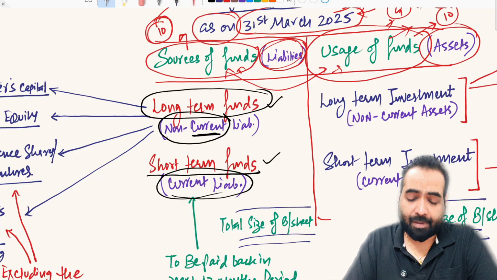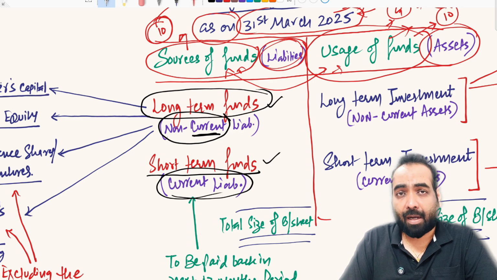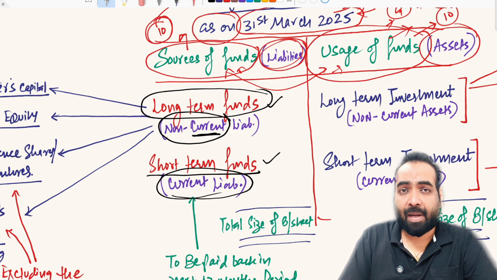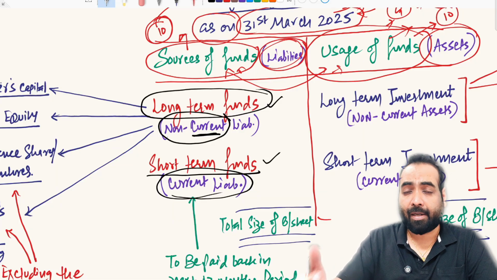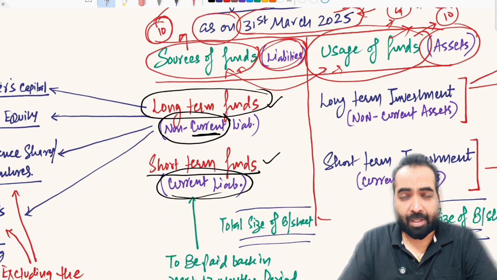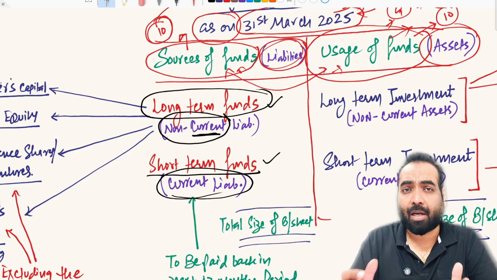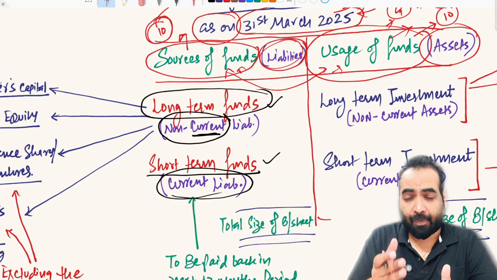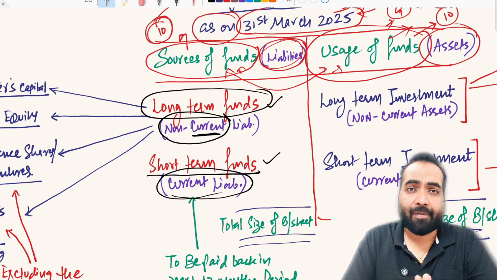Now the question arises, sir, if long term funds are not meant to be paid back immediately and short term funds need to be paid back in the immediate future, there must be some defined standard timeline followed in the accounting industry, by comparison with which we can say these are long term or short term funds. You are right, friends.